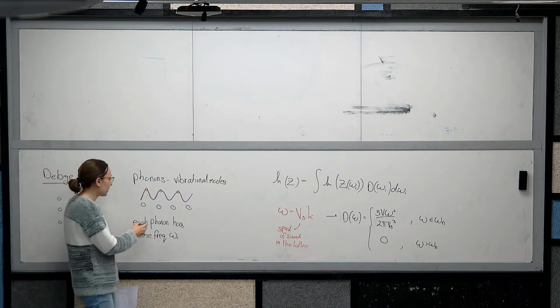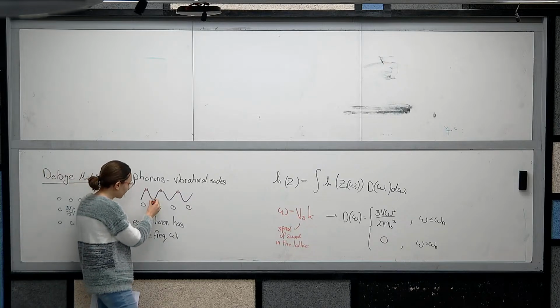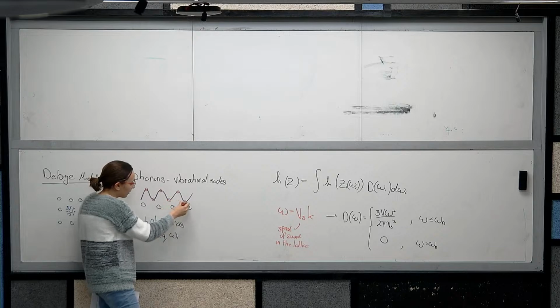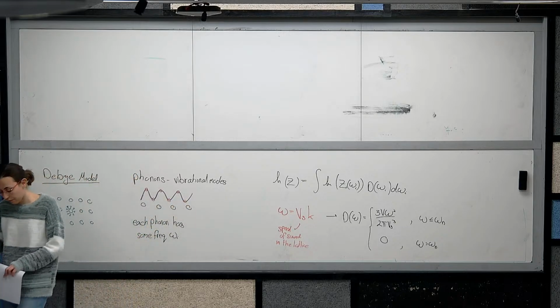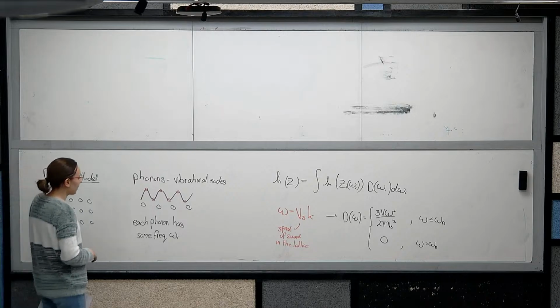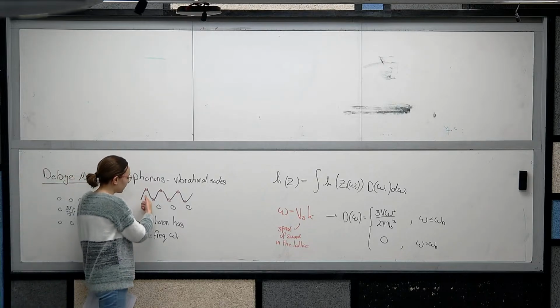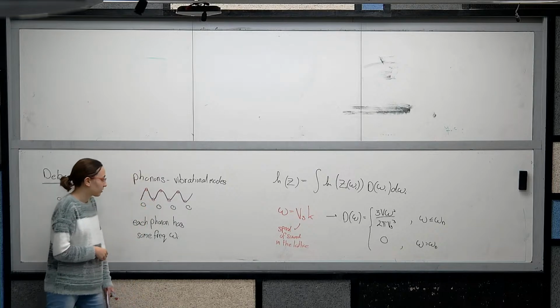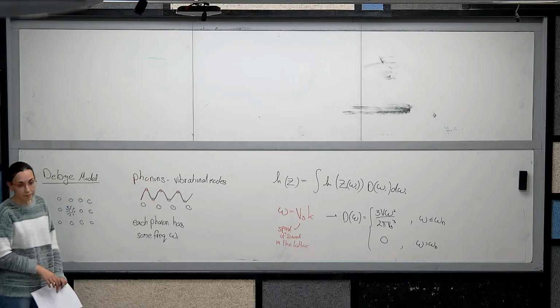We need at least several more atoms at a distance of half of the wavelength in order to get this wavelength to be described properly.